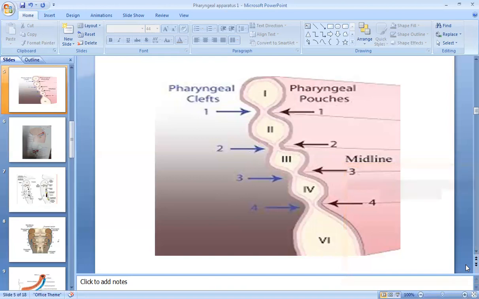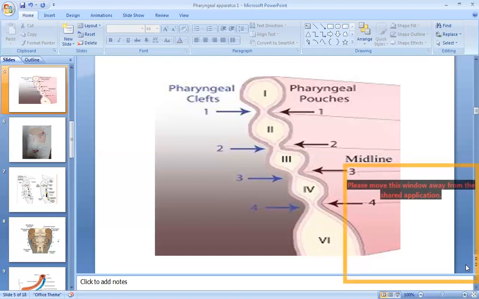I hope you have understood now. These are the mesenchymal tissues. Actually, they are mesodermal, but they have been converted to mesenchymal tissues. They are lined from outside by an ectodermal layer, which goes in, so these are in the form of clefts, and they are called pharyngeal clefts.